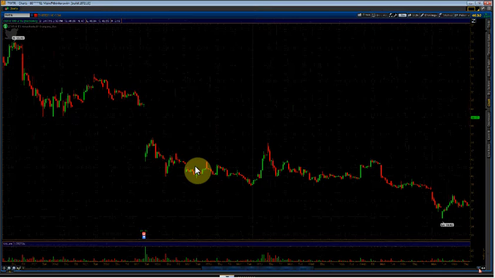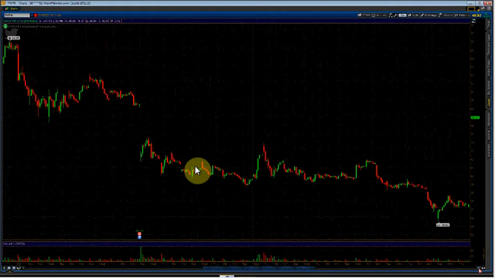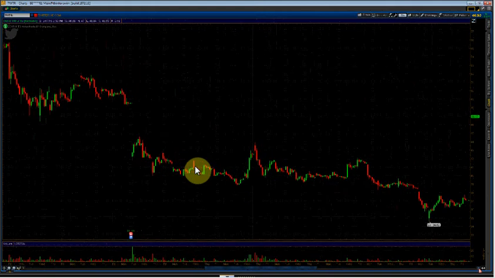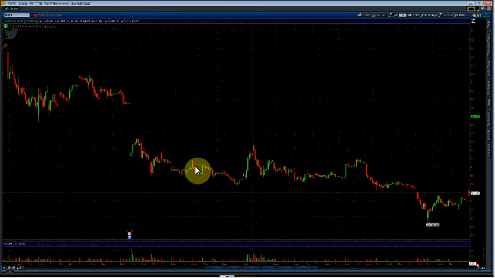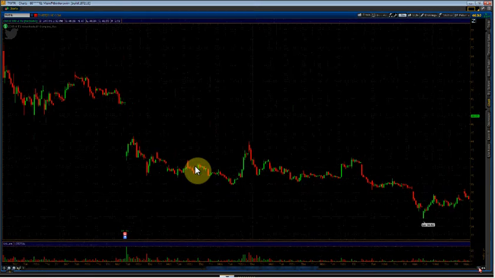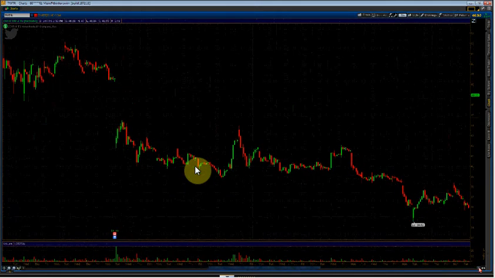Does everybody agree with me on that, just from what we went through? Okay. So we had that little puts trade that would have been a loser when it gapped up here, and it even went to our target.